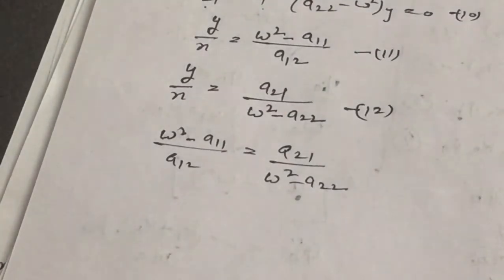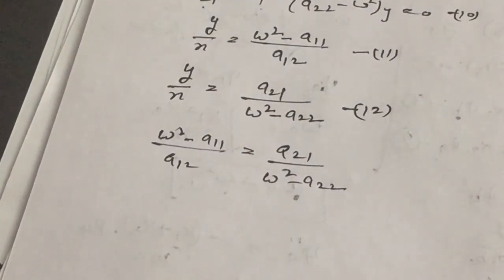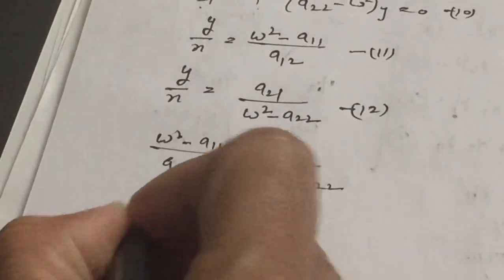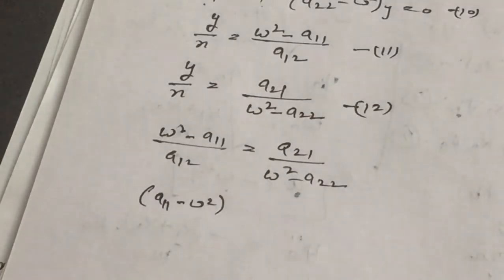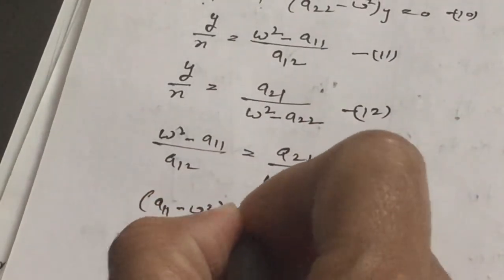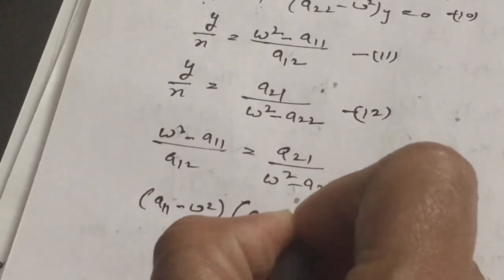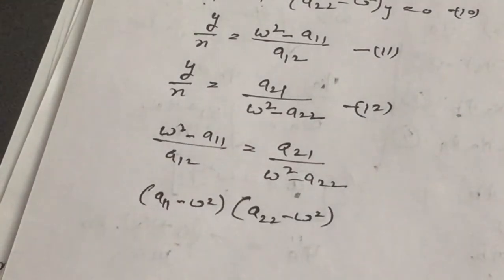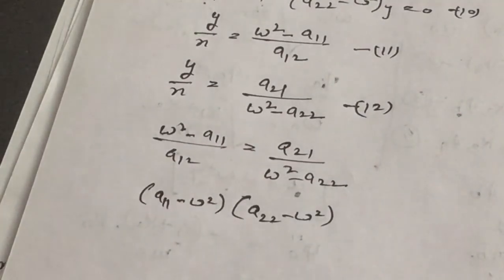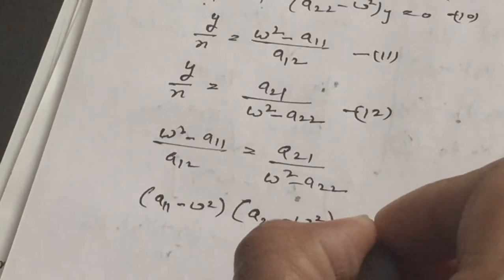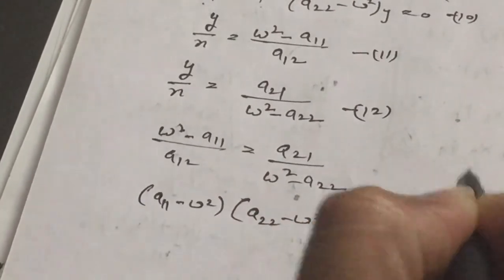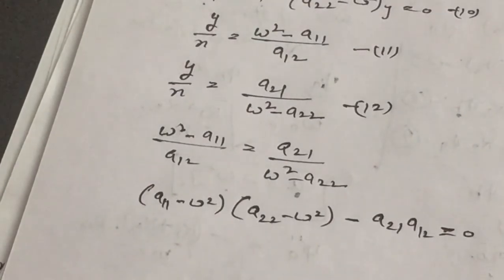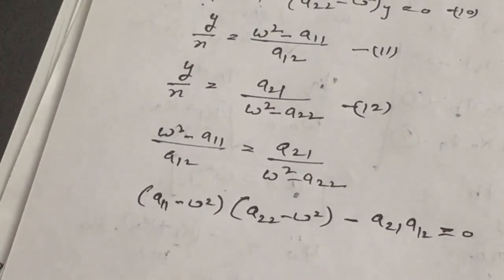Equating these two and cross multiplying, rearranging with a negative sign with a11 and a22, we get a11 minus omega square, a22 minus omega square, minus a21 a12 is equal to 0, and this is nothing else, it is a quadratic equation in omega square.